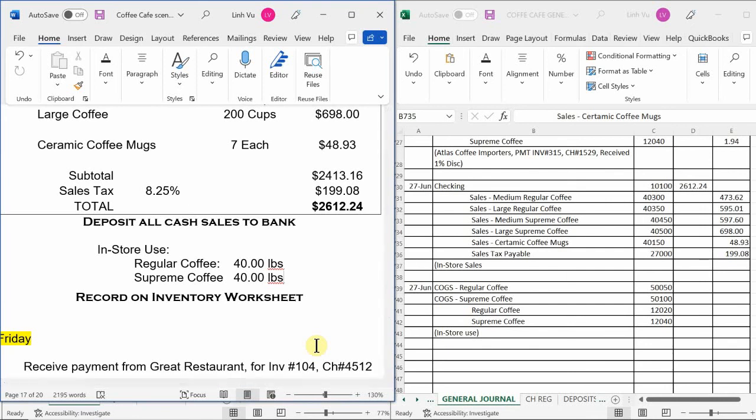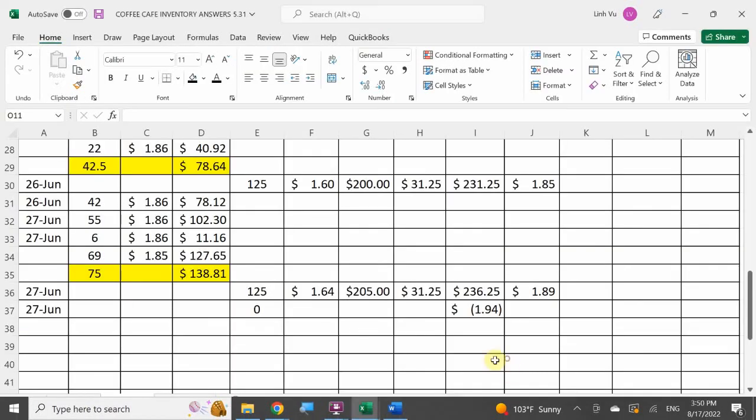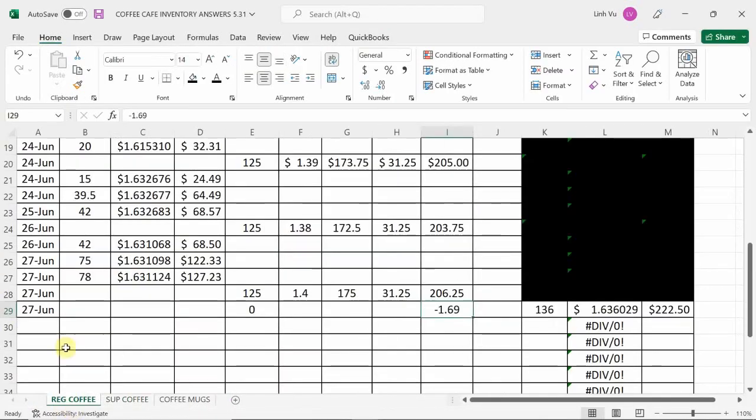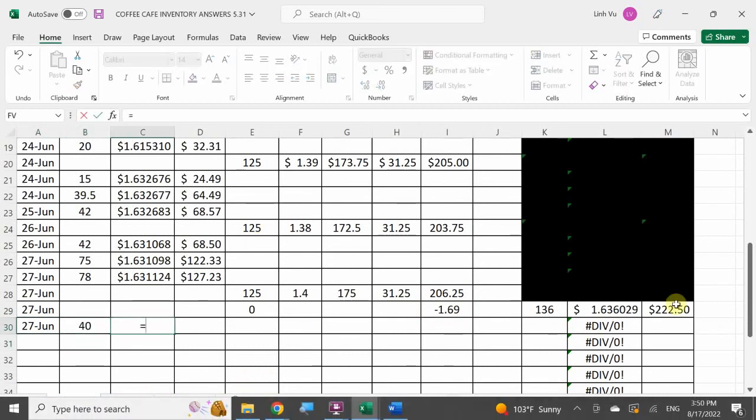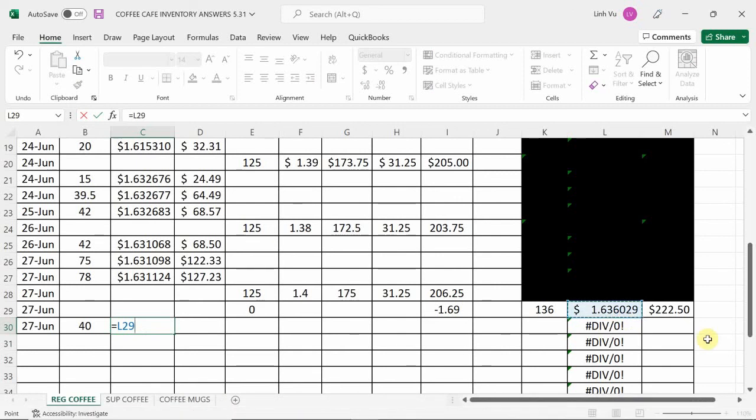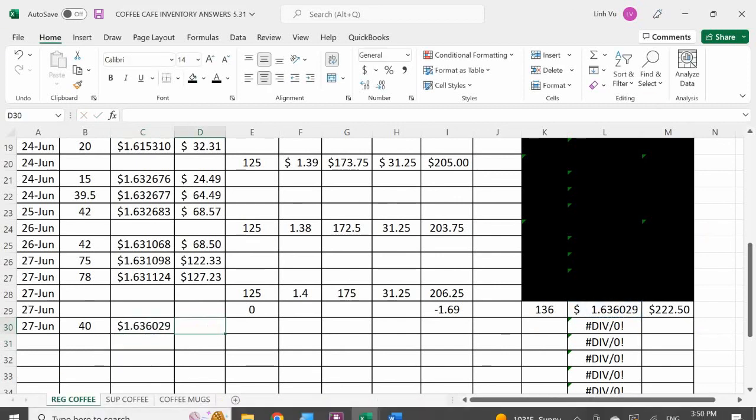So then we go to the inventory. Okay, so in this case, we used a total of 40 pounds of regular coffee and 40 pounds of supreme coffee, right? Again, slow day. So, inventory worksheet. Start with regular coffee on the 27th. We used 40 pounds at the new price.